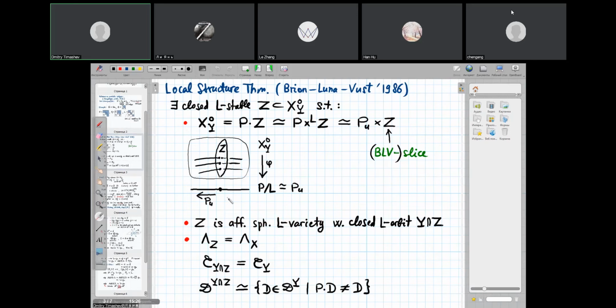Z is affine because it is closed in this chart, which is affine. Therefore, Z is affine and also Z is spherical. This we didn't prove yet, but we'll do it soon.